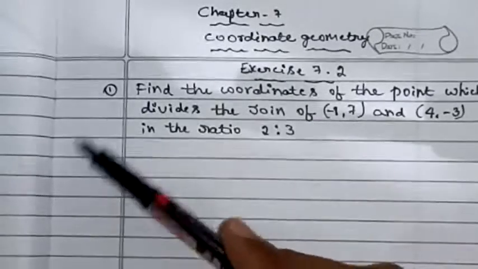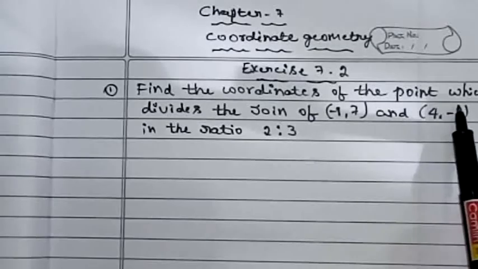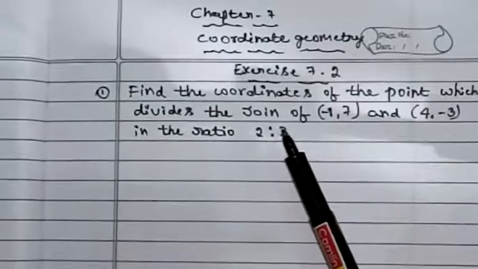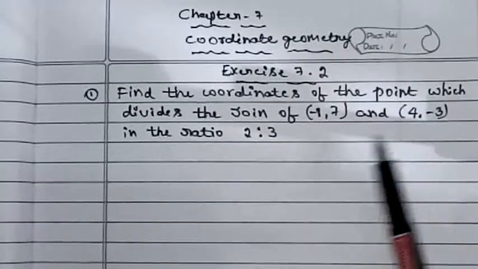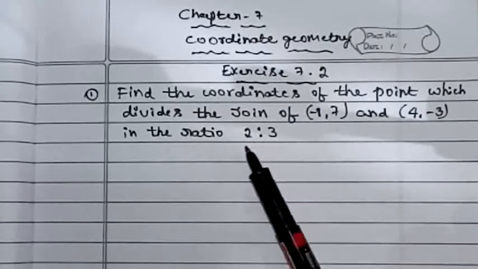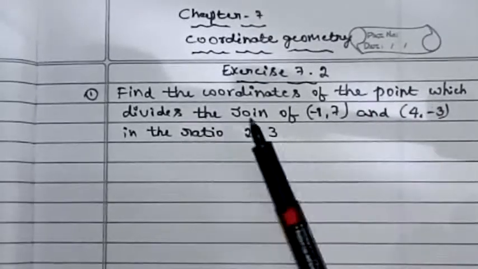Now the question is: find the coordinates of the point which divides the join of (-1, 7) and (4, -3) in the ratio 2:3. Again, you need to find the coordinates of the point which divides the join.